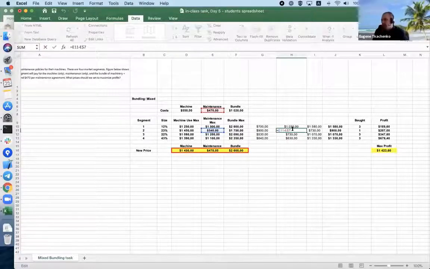So instead of subtracting maintenance max, so cell C11, E11 and E7, you may want to try subtracting E11 by E16.